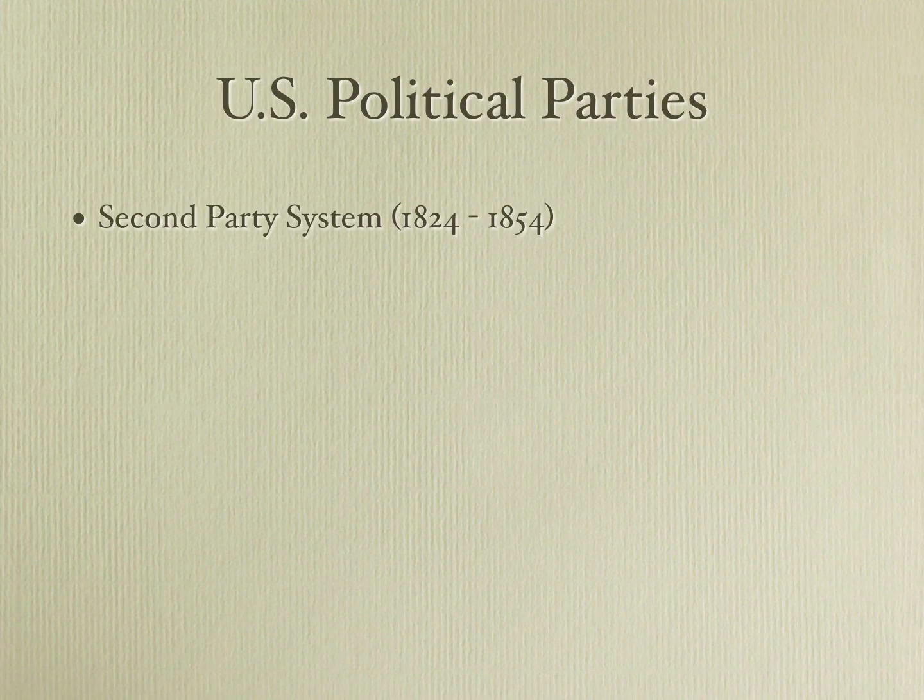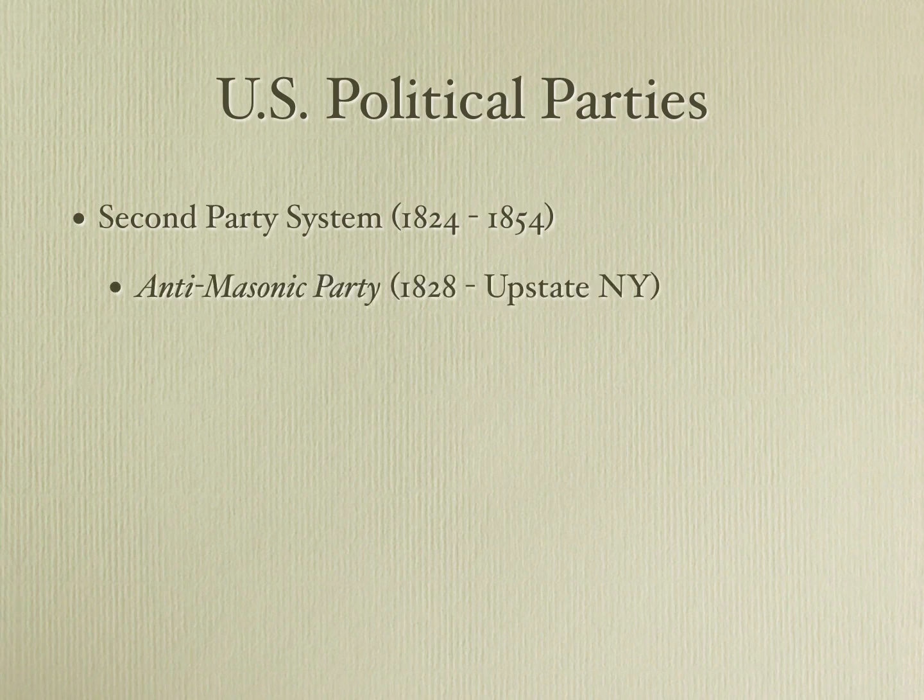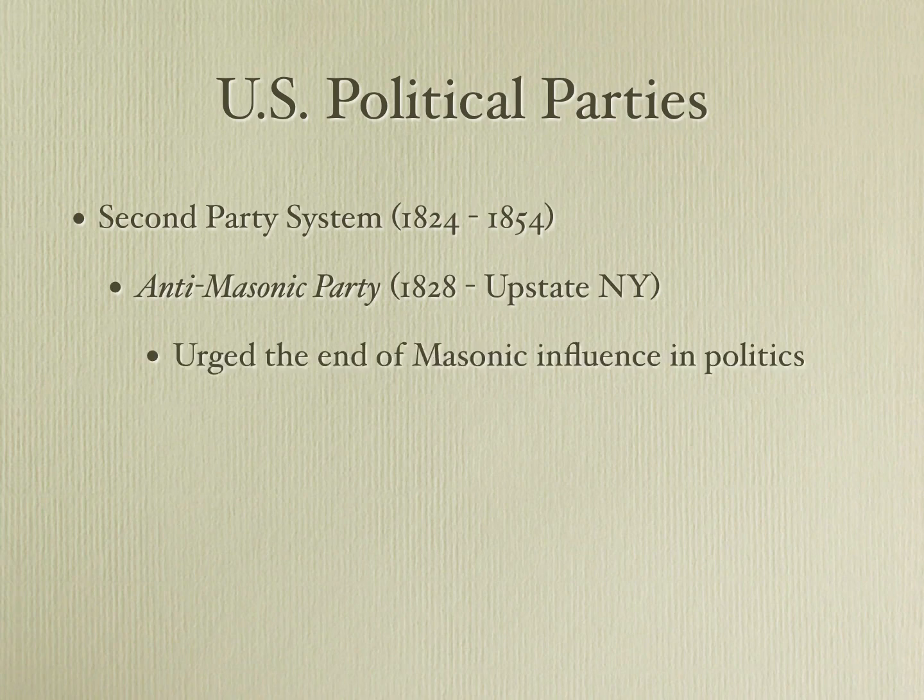By 1824 to 1854, we entered into the second party system. So the first party system was the Federalist and the Democratic Republicans. We enter into a phase called the second party system between 1824 and 1854 with a rise of a large number of small parties with different ideologies. For example, the Anti-Masonic Party was formed in 1828 to end the influence of the Masons.